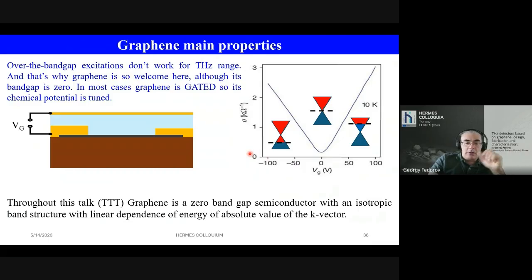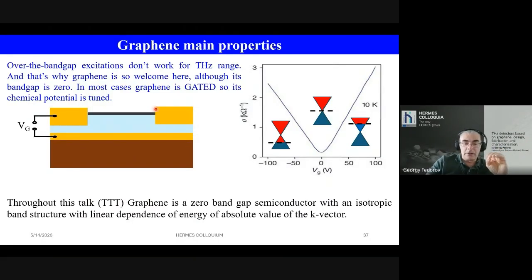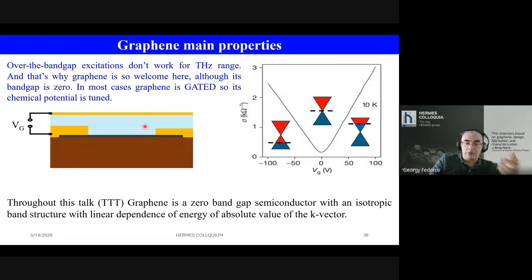And depending on the application, I draw your attention to this: sometimes you need to fabricate a gate electrode on top of graphene, separated by a deposited gate dielectric layer. Here, graphene is on top of the dielectric layer, so it's easier to fabricate such a structure. Sometimes you need to do extra fabrication steps to create the gate electrode on top of graphene.